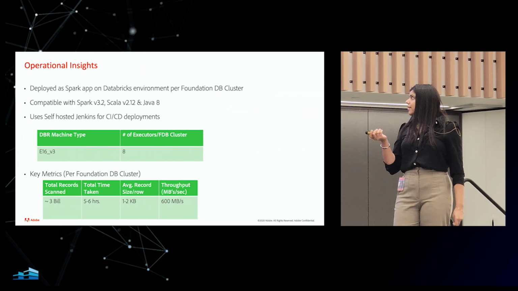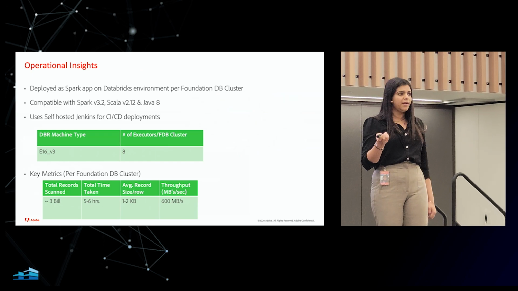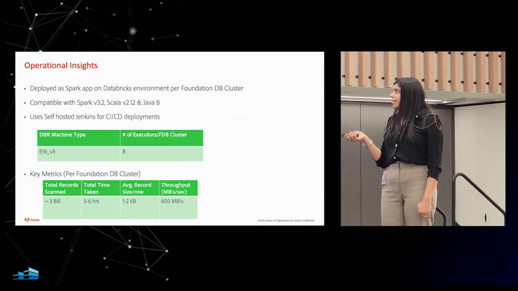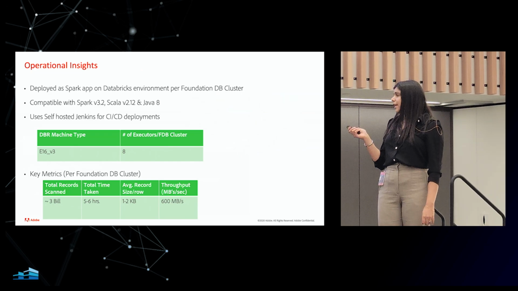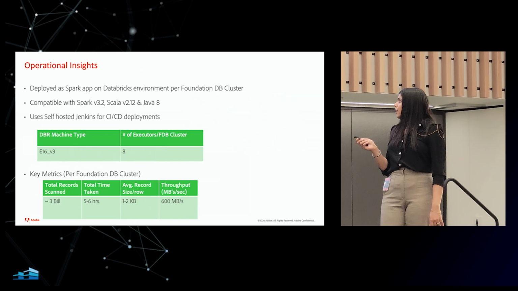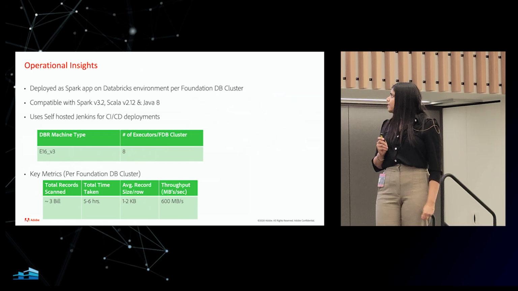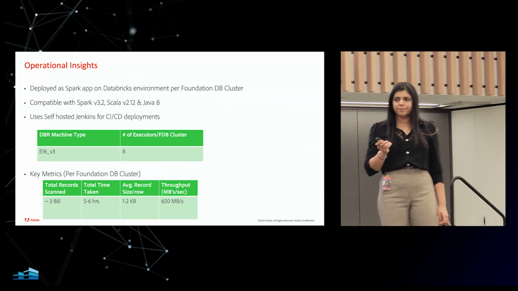For us, a typical FoundationDB cluster has about 100 to 200 tenants. Total records scanned are 3 billion on average. And the total time taken to scan these subspaces sequentially is about 5 to 6 hours. That's our throughput, 600 megabytes per second, and a typical row size is 1 to 2 kilobytes.